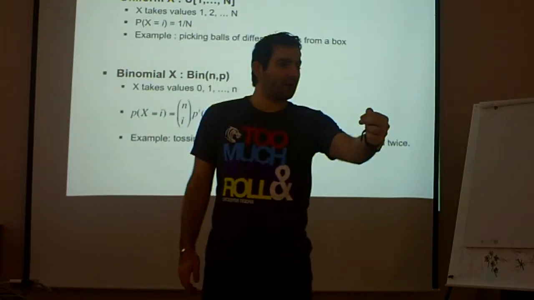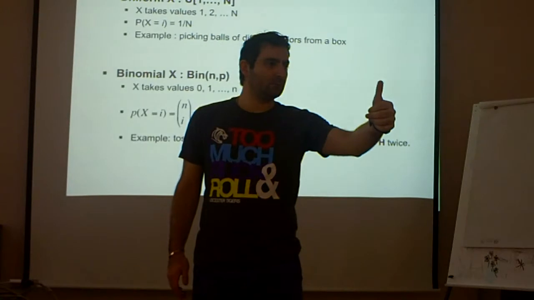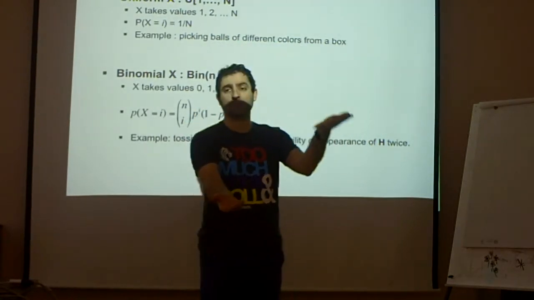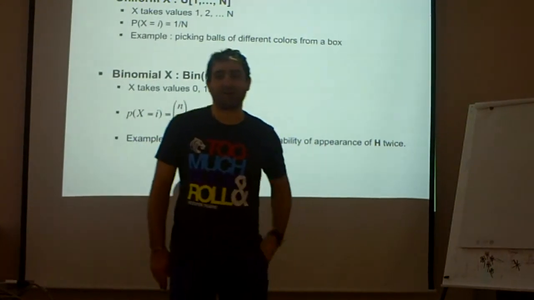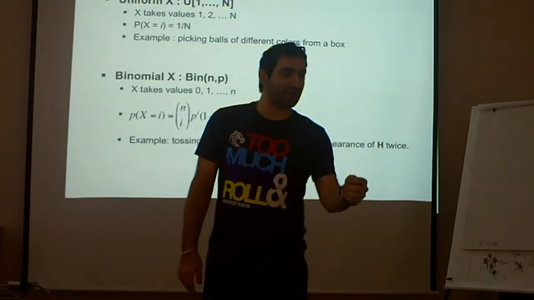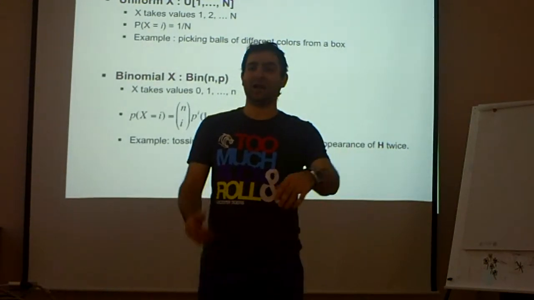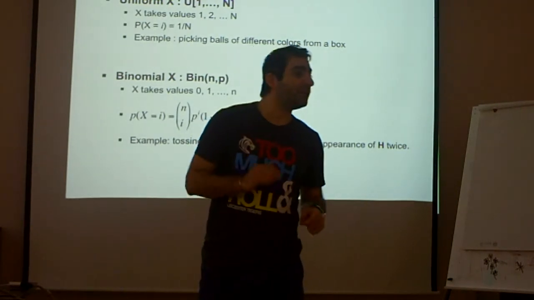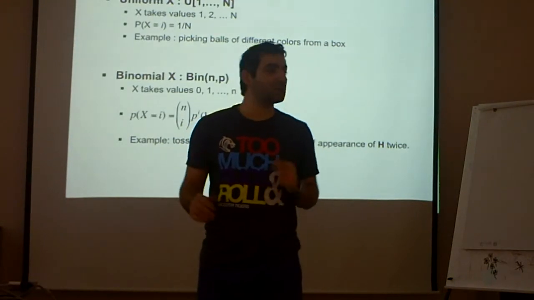If I have a coin and I want to toss a coin, is it uniform? Yes, because head is 1/2, tail is 1/2. But if I tell you, you know that I am a magician and I have a special coin, and the head is heavier, so when I toss it, let's say the probability of head is 3/5, and the probability of the tail is 2/5.